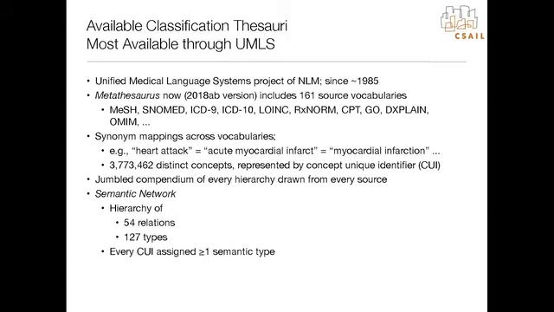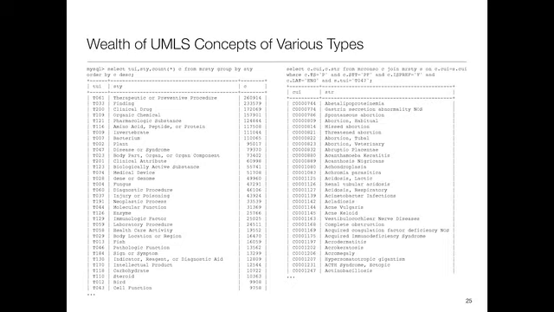And then over the whole thing, they created a semantic network that says there are 54 relations and 127 types, and every concept unique identifier is assigned at least one semantic type. So this is very useful for looking through this stuff. Here are the UMLS semantic types.